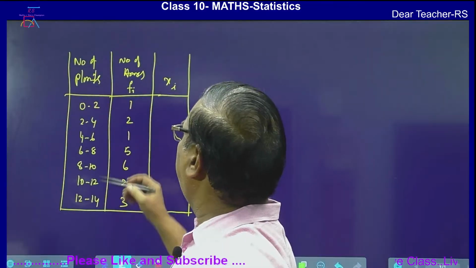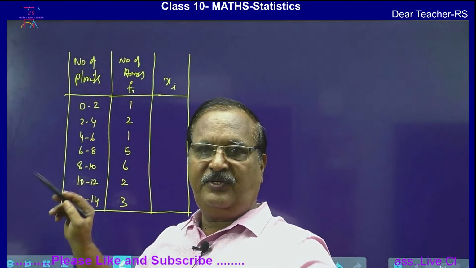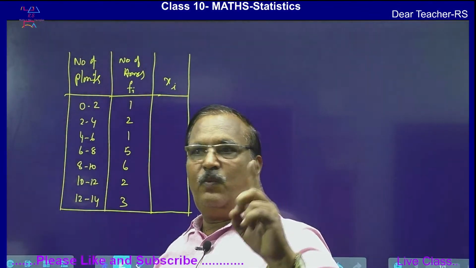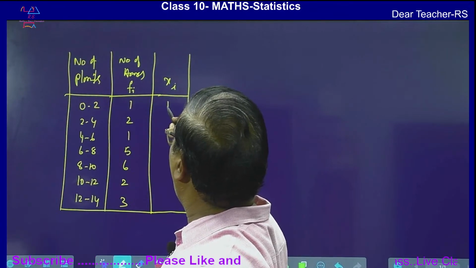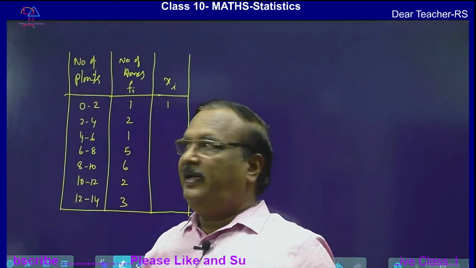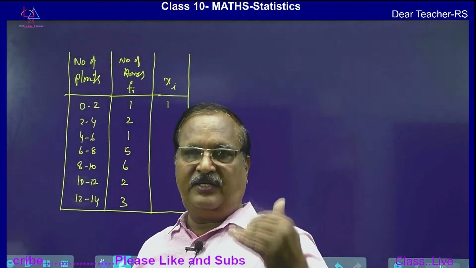For xi, you add the two limits, 0 plus 2, and divide by 2. So 0 plus 2 is 2, divided by 2 is 1. So the middle value, the class mark of this particular class, is 1. Again next class, 2 plus 4, 6 by 2, 3.